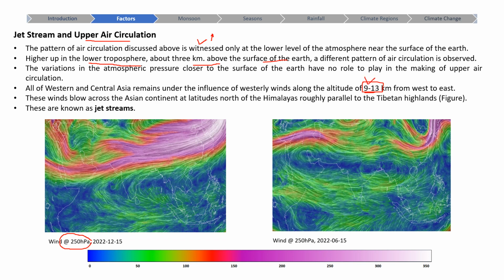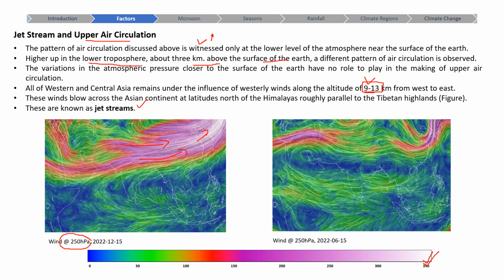This is the real data, and this is the scale here, and the wind speed may reach up to 350 kilometers per hour. 350 kilometers per hour. Just imagine the speed here. These fast blowing winds in a band are known as jet streams.